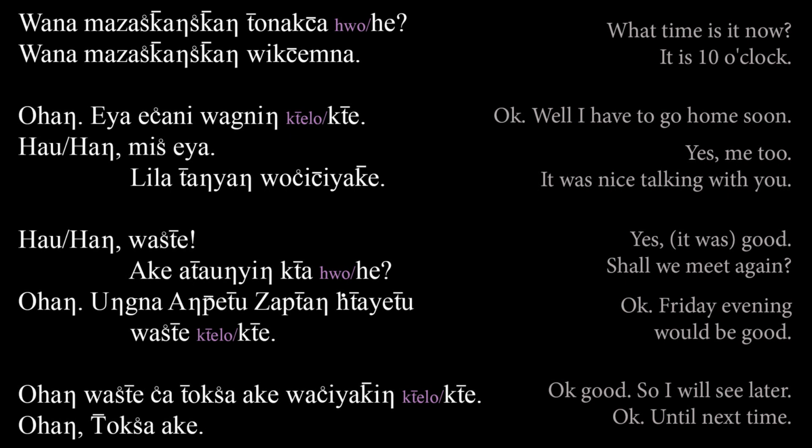And when you say doksha ake, you're saying until next time. Okay, so doksha ake means until next time. Look at the last sentence. You see, oha, doksha ake. That's a very beautiful thing to say. Until next time. So don't just say doksha. That's not a good thing to say. I can't emphasize that enough.